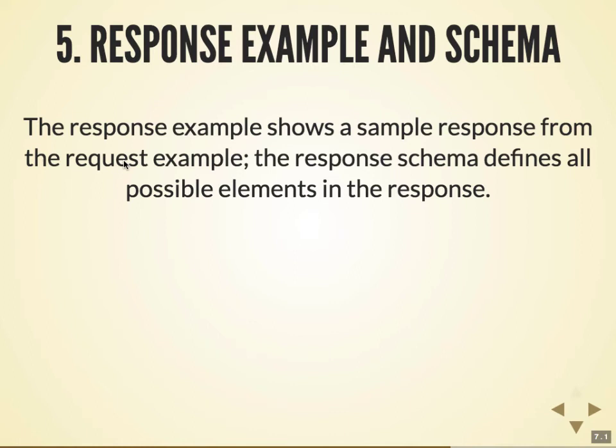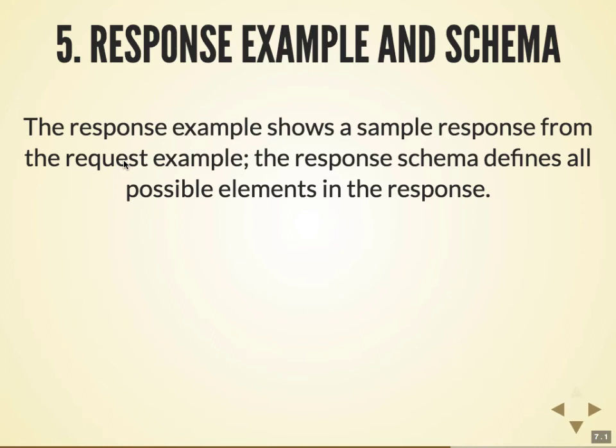Let's say you only chose to use 3 parameters, and it didn't return all possible content that could be returned from that endpoint. Well, the response example could also be a subset of the total number of elements returned. The response schema is like, here's a map of everything that could be returned from this endpoint.